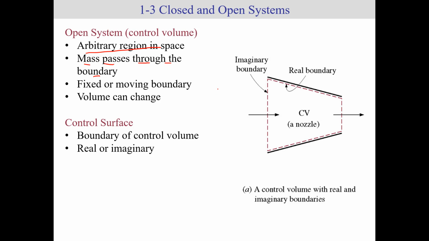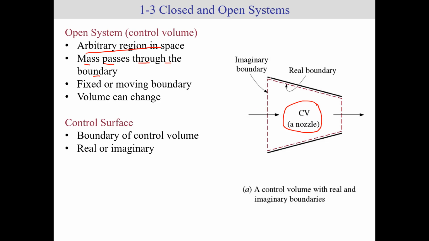So let's look at this example of a nozzle. Basically a nozzle is a device that's used to accelerate a fluid. You may have seen nozzles, like your garden hose, if you have a handle at the end of it to spray the water. That would be an example of a nozzle. So here's a nozzle.